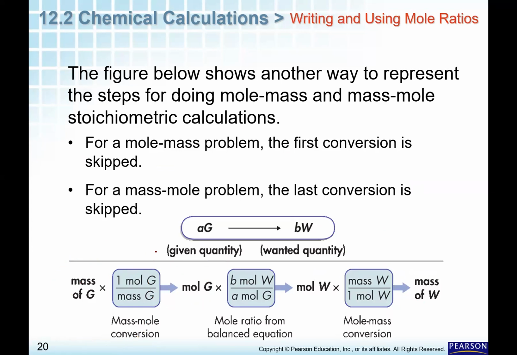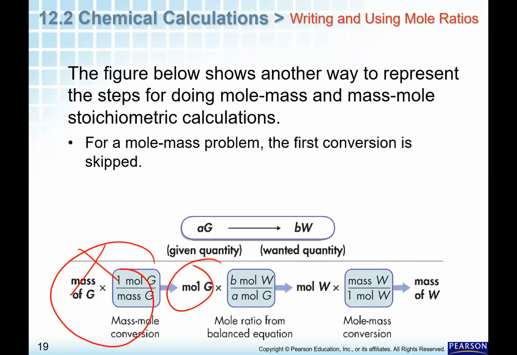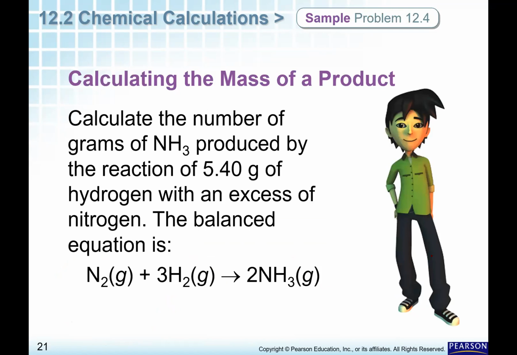In other words, if a mass to moles problem is required, then this last step is not needed, and we start with the mass and end up with the moles. So this is mass to moles, and the previous one over here is moles to mass. Okay? Is that clear? So it's not necessarily always mass to mass. Right. Let's see if that is true. Then you guys can do this example, right?